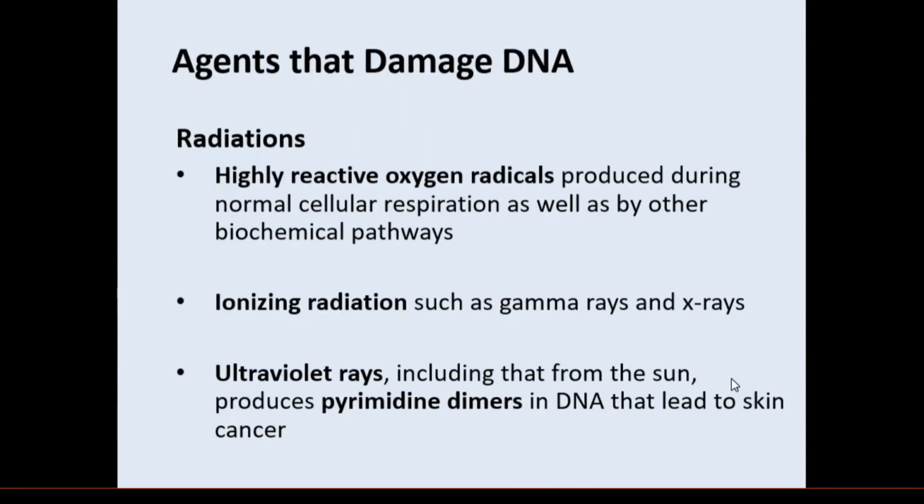They are produced during normal cellular respiration as well as by other biochemical pathways. Ionizing radiation such as gamma rays and X-rays. Ultraviolet rays, including that from the sun, produce pyrimidine dimers in DNA that lead to skin cancer.